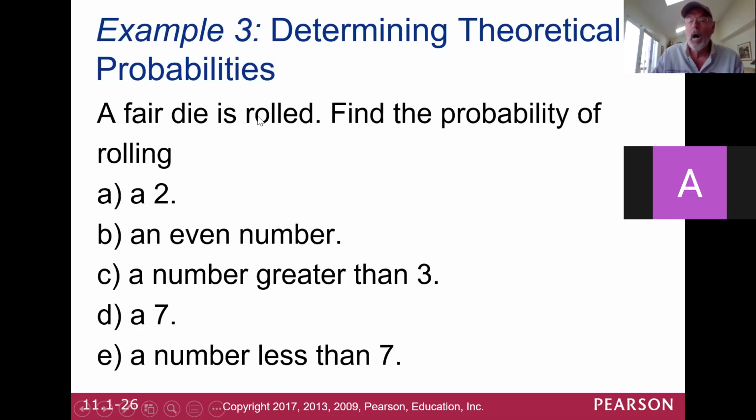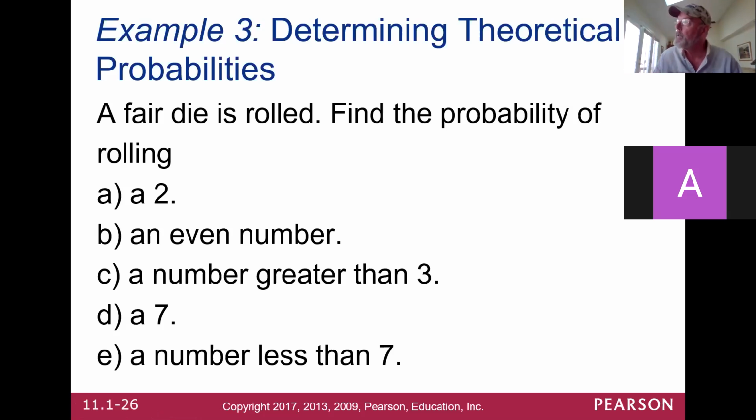Leslie, okay, so tell me, when you're looking at that die, does every one of the faces have an equally likely chance of being rolled? Yes. Okay, and so each face has the same probability of being rolled.